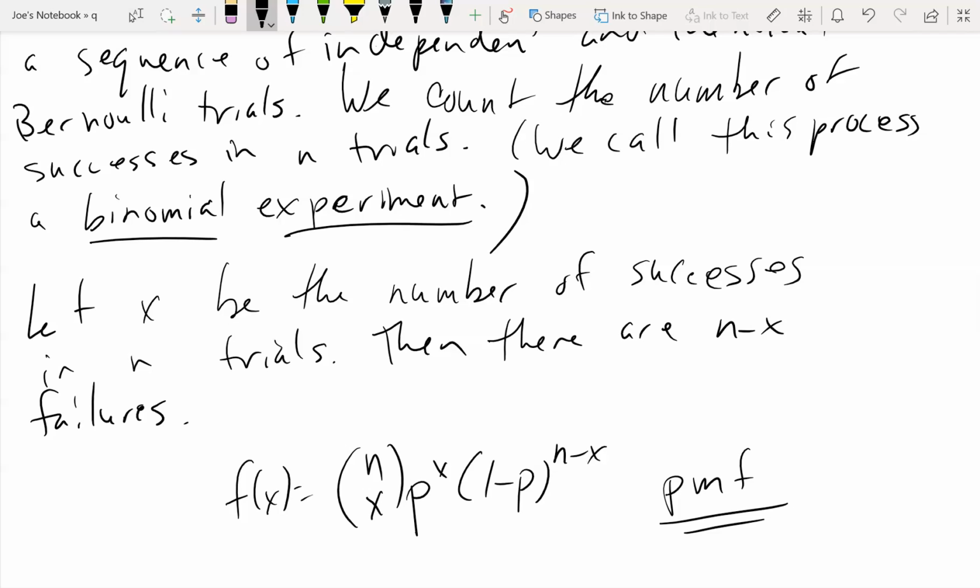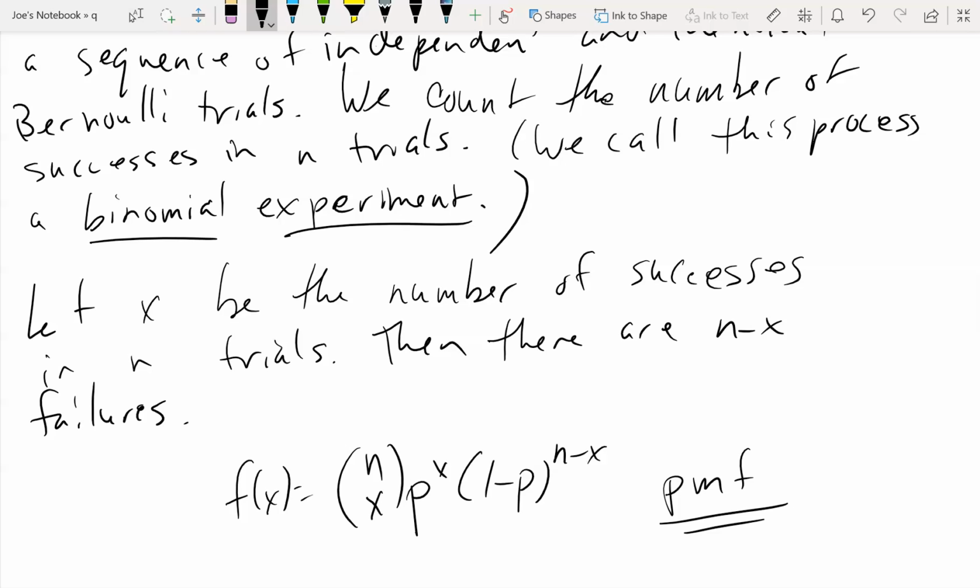This n choose x in front is just counting the number of ways that many successes could happen. I've got n places for x successes to happen. Once I place the successes, the failures have to fill in the gap. That's why there's another product. Once I place all the successes, the failures have to go everywhere else. So this is your PMF for a binomial distribution.